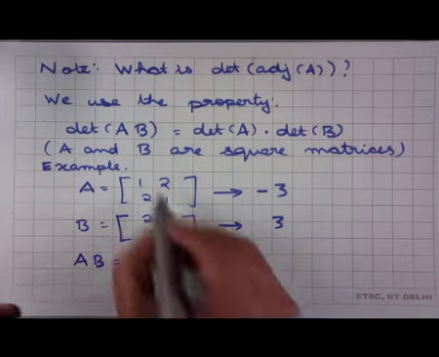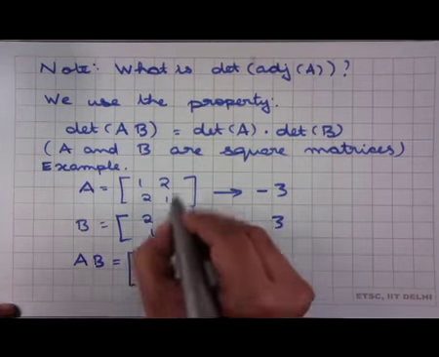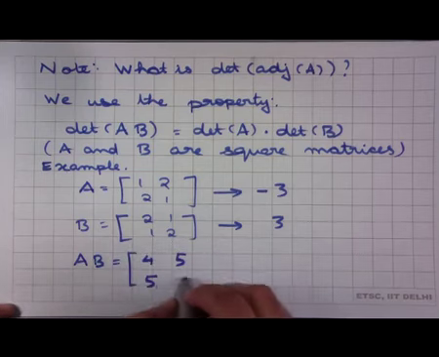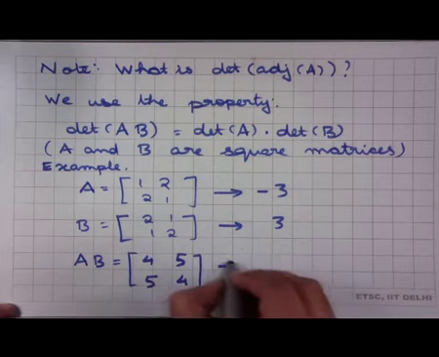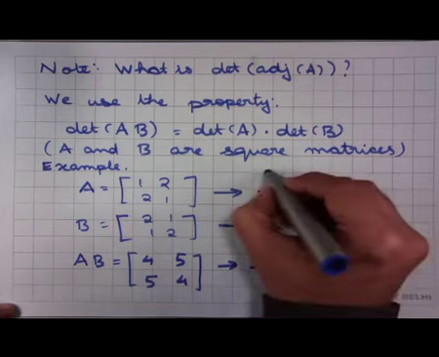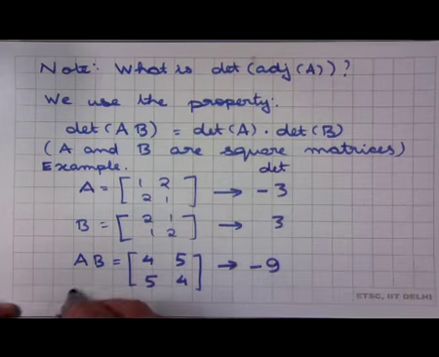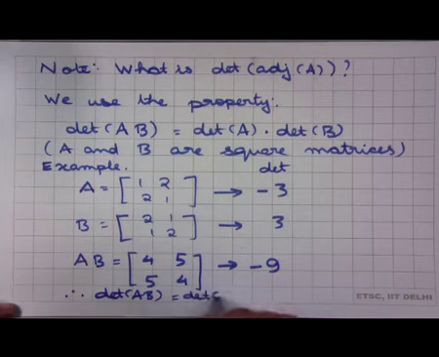This is 4 5 5 4. So, the determinant is 16 minus 25, so minus 9, which is equal to the product of these determinants. So, this is an example showing that we can check that the determinant of AB is determinant of A times the determinant of B.